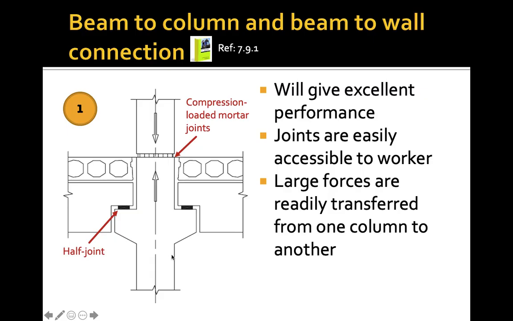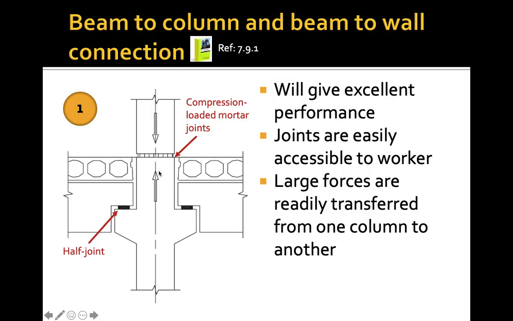This is the first one, where we can see that the column, or the vertical member, is continuous. We can see that we have the slab and also the beam, that is half joint. We can also see that in between these two columns, we have this compression loaded mortar joint, and as for the connection to the horizontal component, we have this half joint.